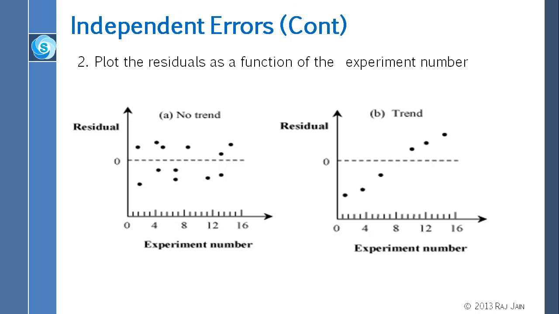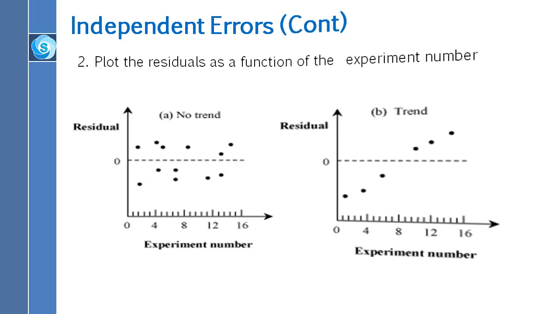Maybe something is happening, so the system state is changing so that with more experiments you have more error, or with more experiments you have less error, whatever the trend is. Everybody gets this point? That this is the second part of the same independent error assumption. We are trying to just verify dependence. And if we don't find dependence, we move on to the next test.